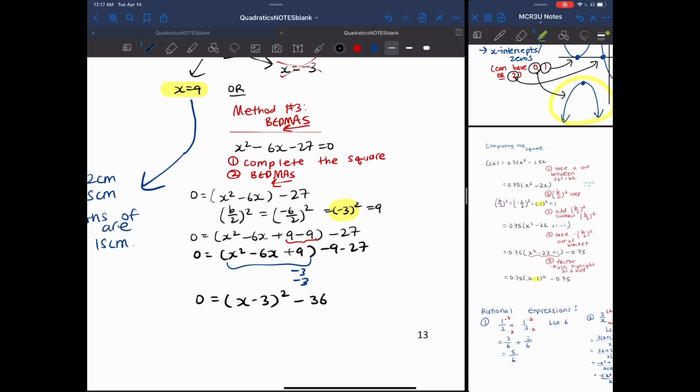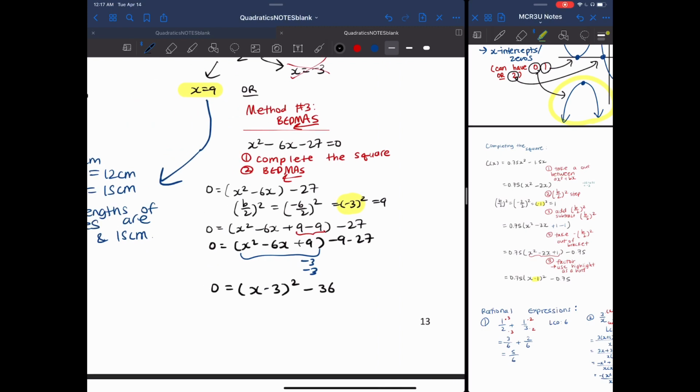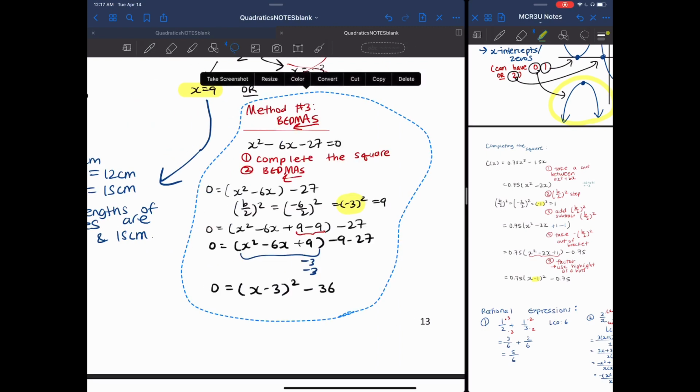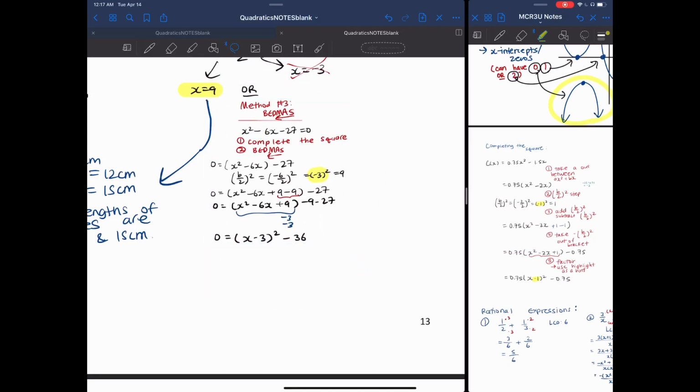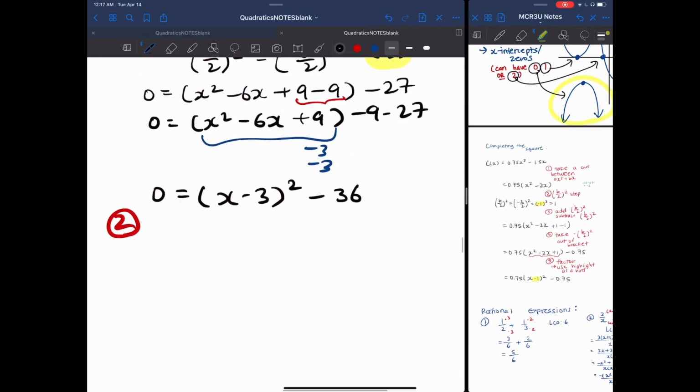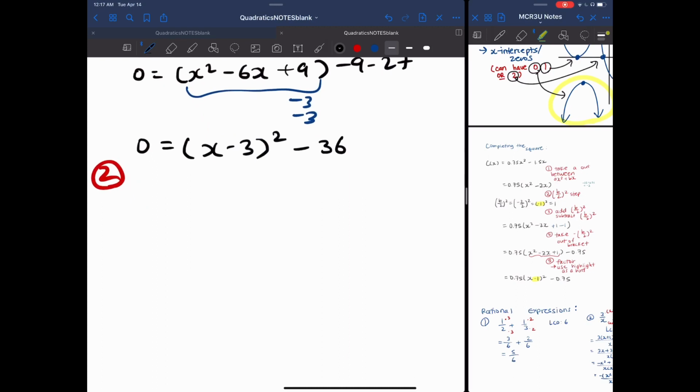All right, sadly I'm not done because that was just part 1 of method 3. So I need to do BEDMAS backwards. All right, so that was part 1. Part 2, BEDMAS backwards. Okay, so I basically need to get x by itself. So that part's not too bad. Okay, I'm just going to rewrite it.